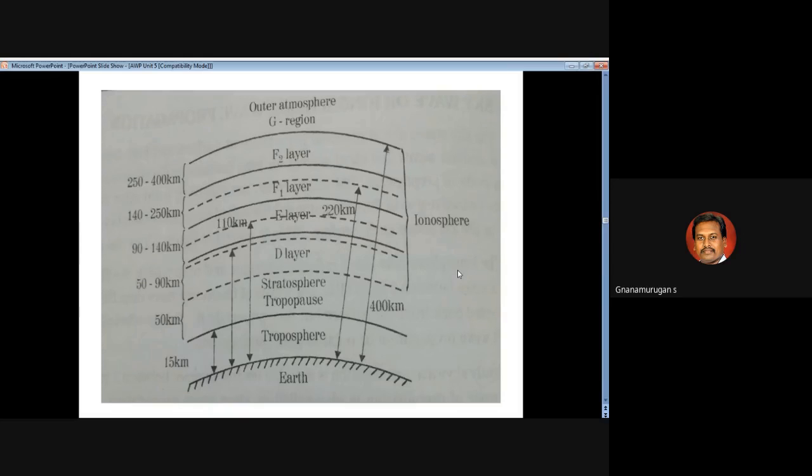The D layer is 50 to 90 kilometers, the E layer is 90 to 140 kilometers, the F1 layer is 140 to 250 kilometers, and the F2 layer is 250 to 400 kilometers. Above 400 kilometers the outer atmosphere is available. That region is called the G region.